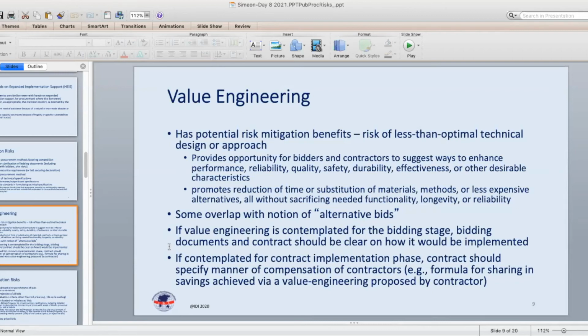And that, again, is another type of risk mitigation measure that mitigates the risk that the procuring entity doesn't have as much knowledge about what it is that it's procuring and what the best possible solution might be, as might be emanating from the bidding community.